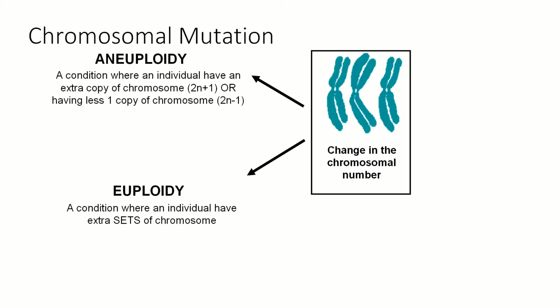Now we are going to focus on aneuploidy, having one extra or one less copy of a chromosome. There are several conditions that result from aneuploidy. An example of that is Down syndrome. This is an example of a Down syndrome individual. We can tell whether a person suffers from Down syndrome because they have very striking features, which we will discuss shortly.